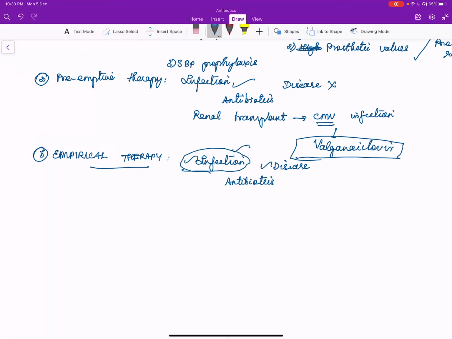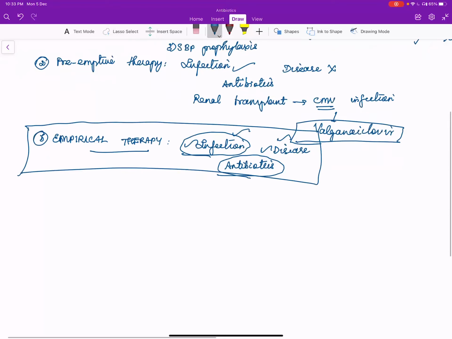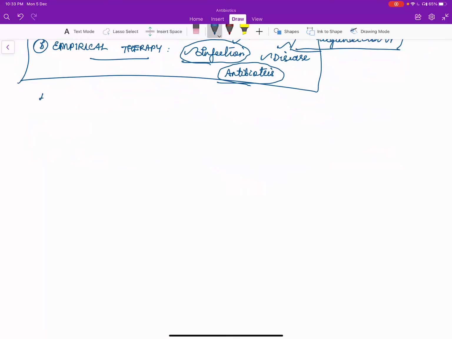The patient has an infection and the disease, but we do not know what organism is causing it, so we give antibiotics provisionally, considering particular organisms. The entire talk of today will be based on empirical therapy, how to choose empirical antibiotics for a particular patient.